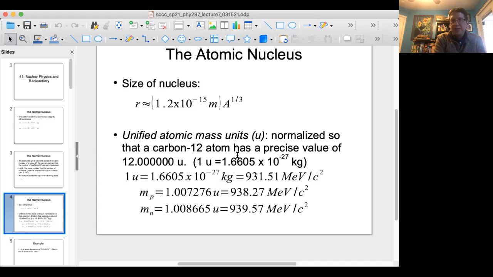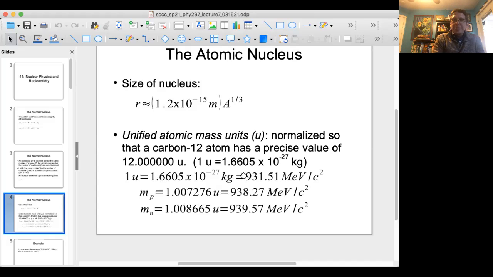So what are typically used are unified atomic mass units. They're normalized so that a carbon-12 atom has a value of exactly 12 u. From that, we get u is equal to 1.6605 times 10 to the negative 27 kilograms. The proton and the neutron have slightly more than one atomic mass unit.